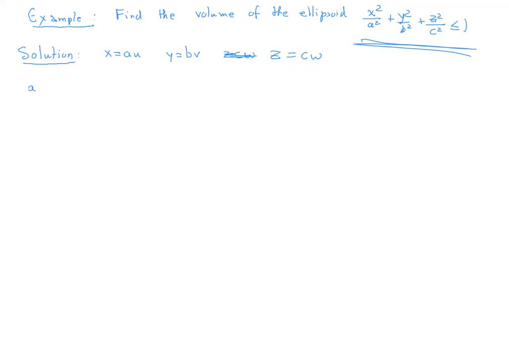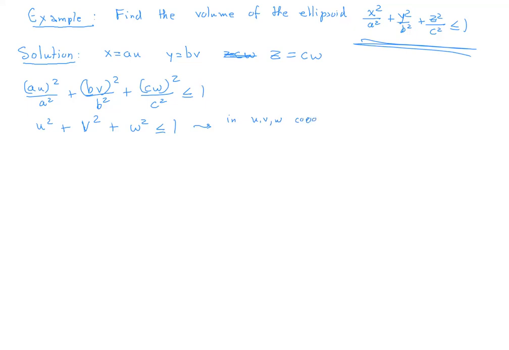So here we will have (au) squared over a squared plus (bv) squared over b squared plus (cw) squared over c squared is less than or equal to 1. So after the simplifications, u squared plus v squared plus w squared is less than or equal to 1. So our ellipsoid in uvw coordinates is simply the unit ball.